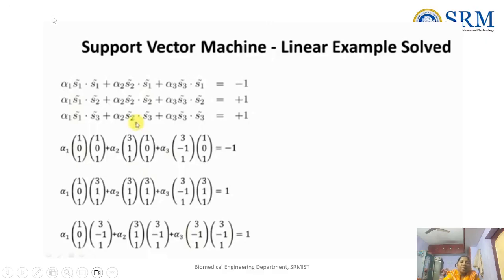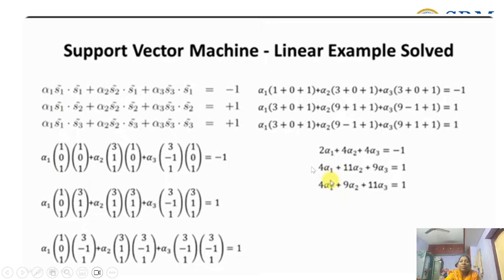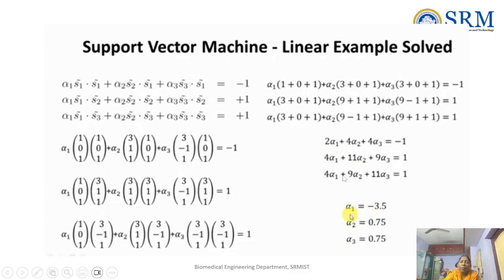We know S1, S2, S3, so when you substitute those values here and multiply these two matrix equations, you will get a refined set of equations. So, it is 2 alpha 1 plus 4 alpha 2 plus 4 alpha 3 equal to -1. 4 alpha 1 plus 11 alpha 2 plus 9 alpha 3 equal to +1. 4 alpha 1 plus 9 alpha 2 plus 11 alpha 3 equal to +1. Now, we have to solve these equations in order to find alpha 1, alpha 2, alpha 3.